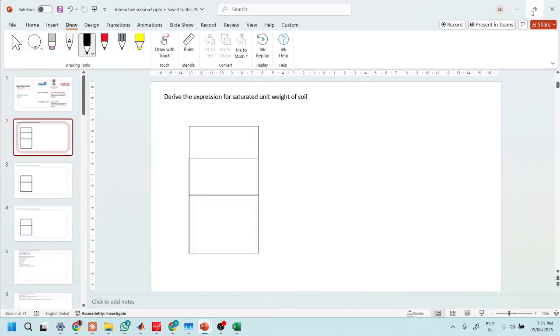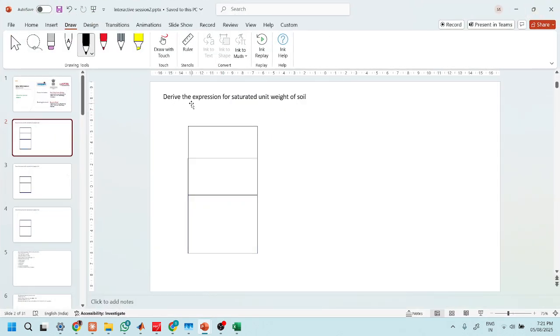So the first thing is to derive the expression for saturated unit weight.